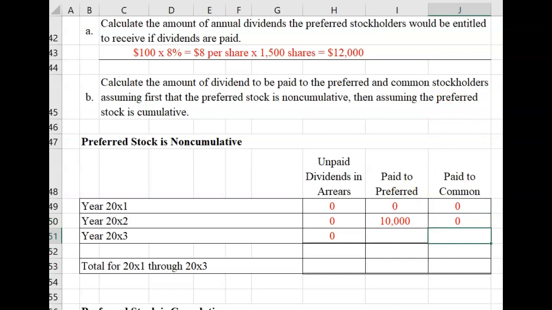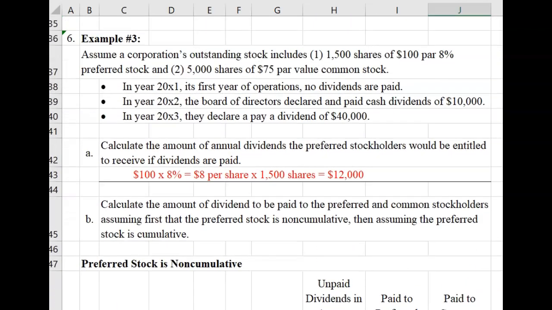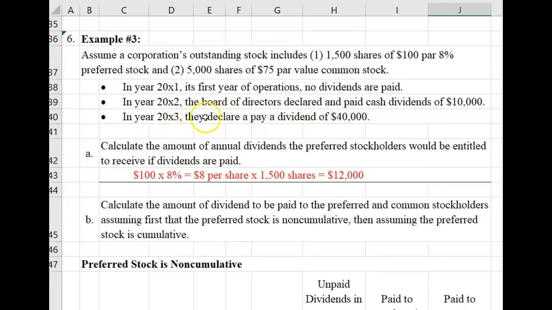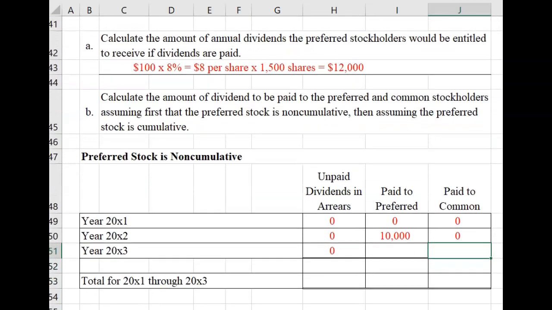Now in the next year, year 3, $40,000 of dividends are declared and paid. And remember that we have the obligation to give the first $12,000 of annual dividends to preferred shareholders, and if anything is left over, common shareholders get it.